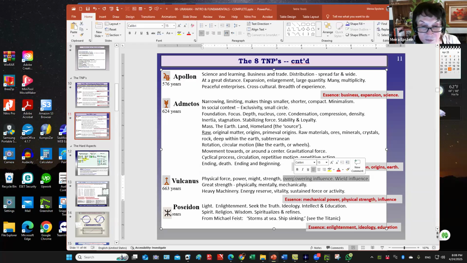It's by sheer force of personality, or by your connection. If I see Vulcanus in a chart connected with the lunar nodes, and some of you know what I say about the nodes, that the nodes are social and people connection. So if you have the nodes with Vulcanus, you are connected with influential people, or you are influential yourself.